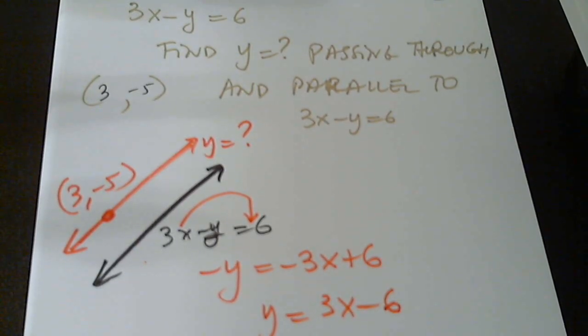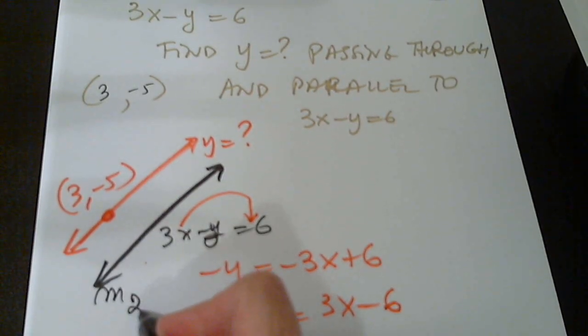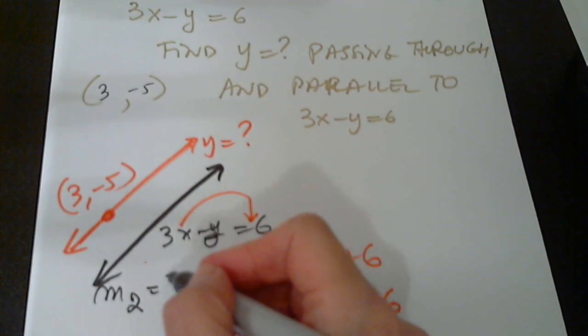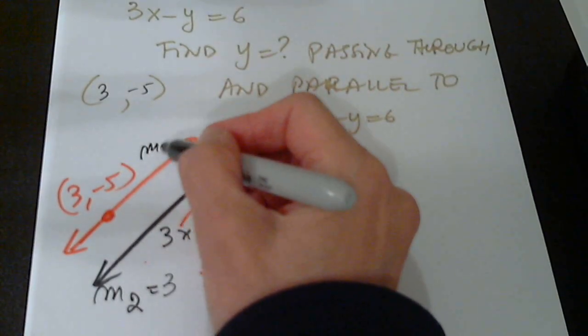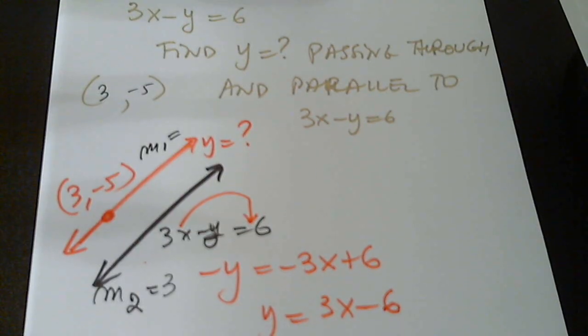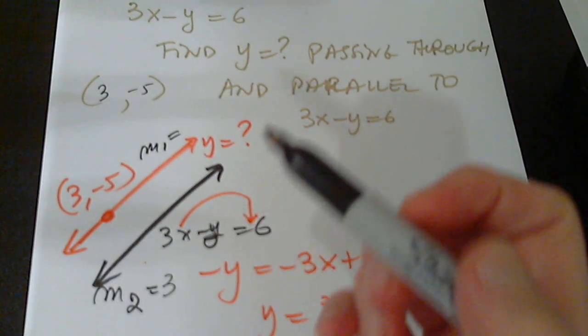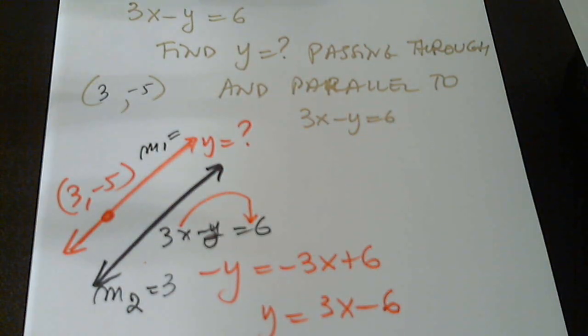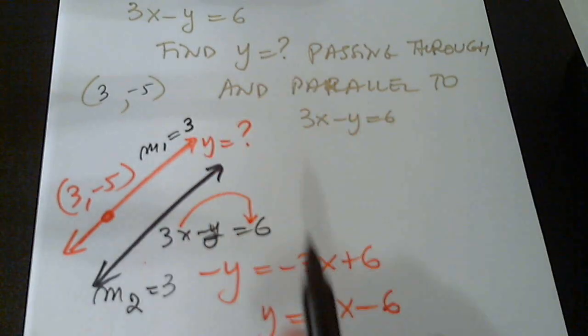Can anyone identify the slope for us? This slope, M2. 3. Excellent. What will be the slope of this line, M1? Three. Indeed, because they are parallel.